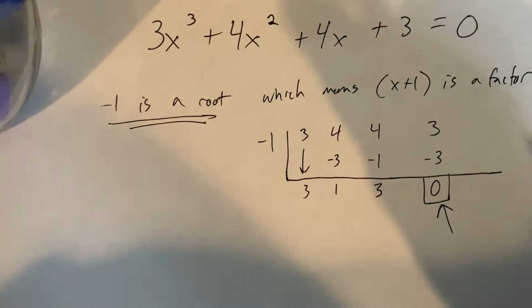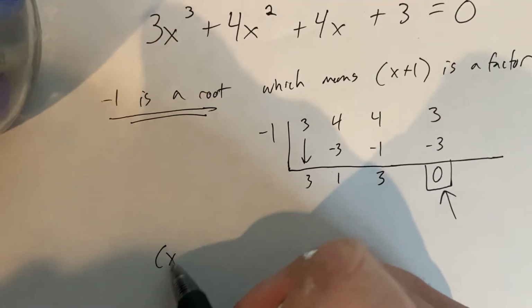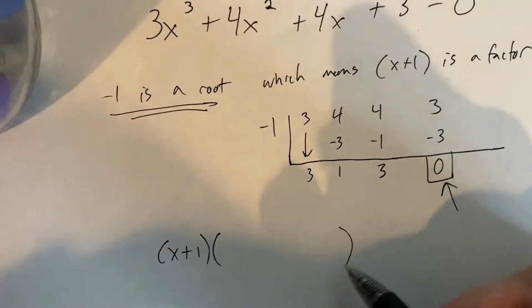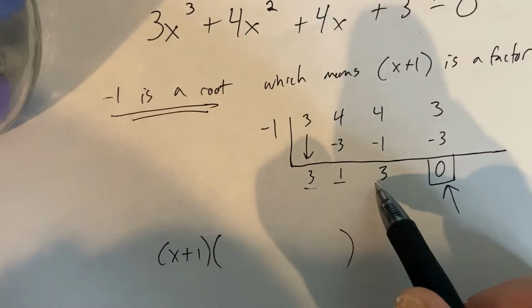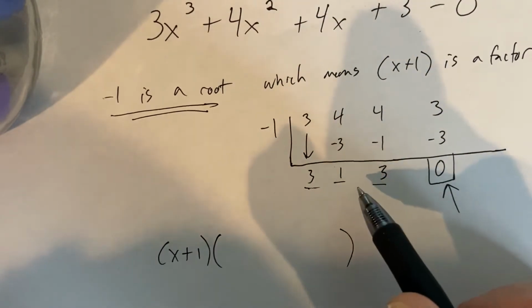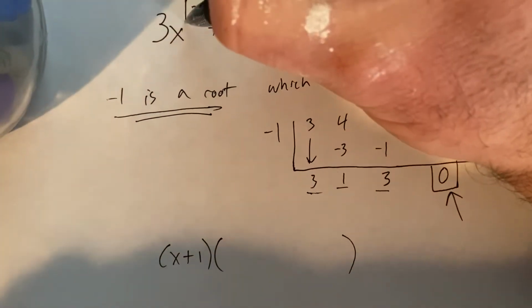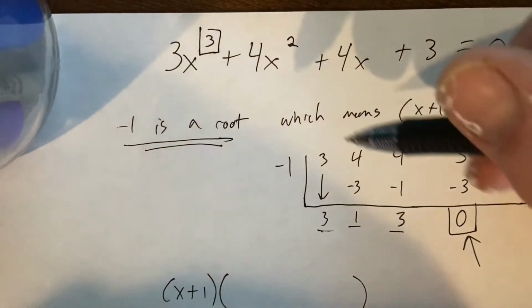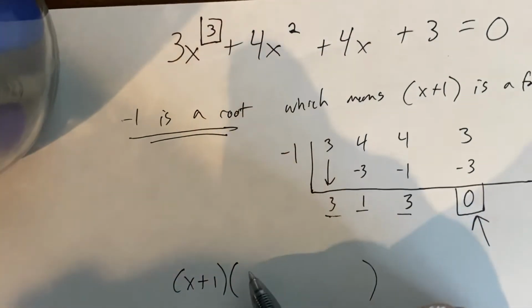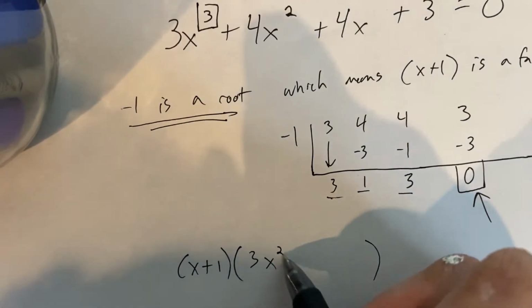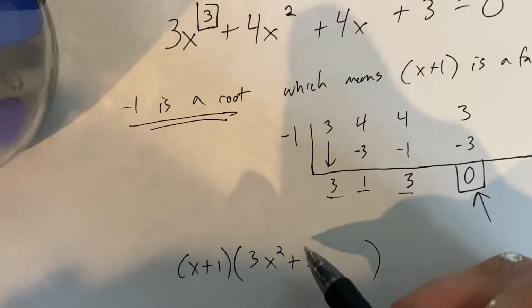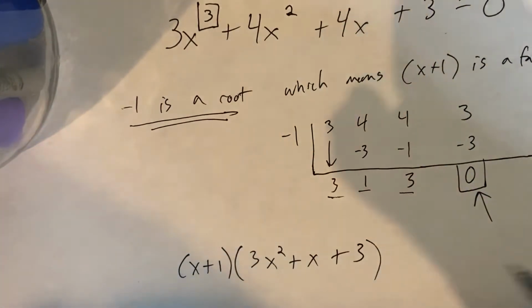So what I've now figured out is that since one of my factors is x plus 1, and when I did the synthetic division, I got these 3 numbers, which are my new coefficients on my other factor. Remember, this was a 3rd degree polynomial, so I knock it down to a 2nd degree, so it's now 3x squared plus 1x, or just x, plus 3.